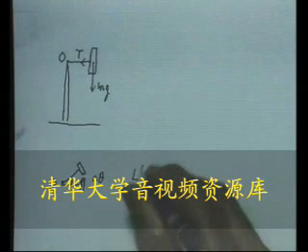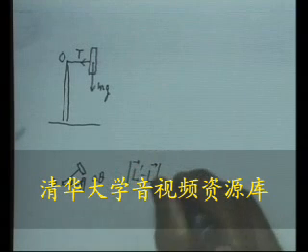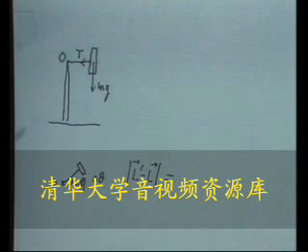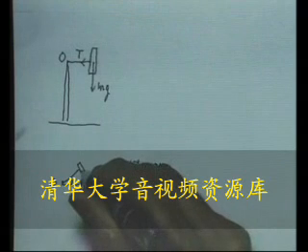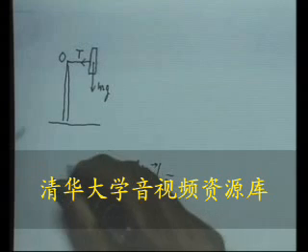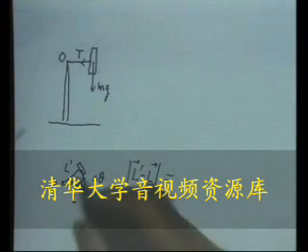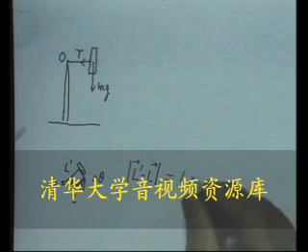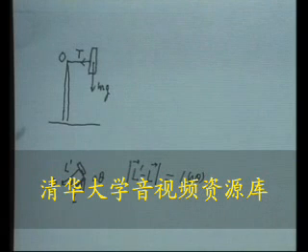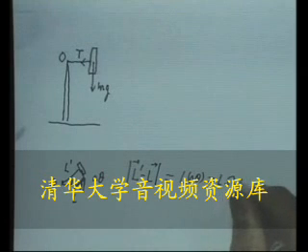So L prime minus L, the absolute value of this is equal to this distance. This is the original L. This is the final L. So that difference is equal to L times delta theta. And that is equal to L times omega delta t.